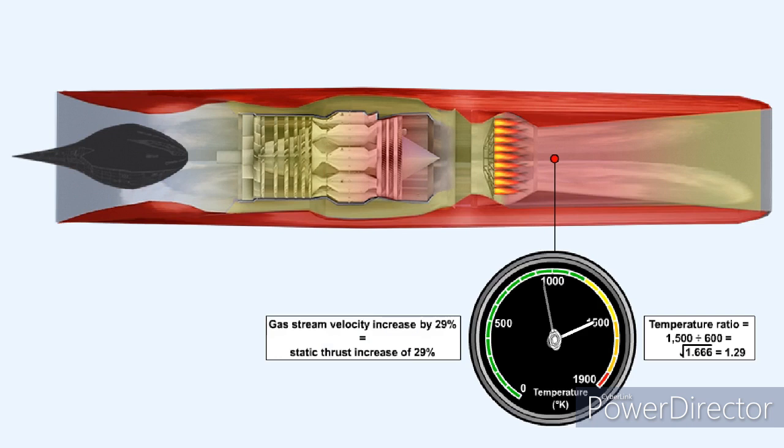The velocity of the gas stream in the jet pipe increases as the square root of the temperature ratio. In our case, that is the square root of 1.666, or 1.29. This means that the gas stream velocity will have increased by 29%, and thus the increase in static thrust will also be 29%.